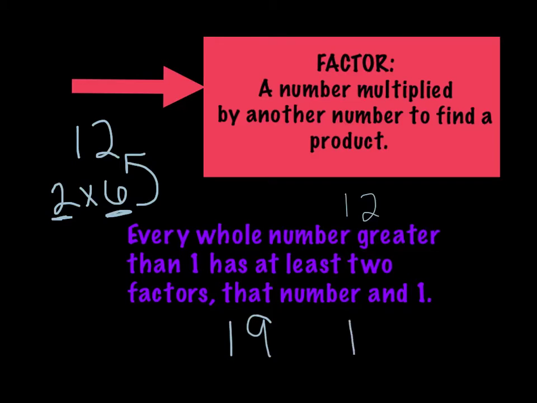It's going to be 1 times 19, and that equals 19. So even though there are no other numbers that you can multiply together to get 19, it still has these 2 factors, 1 and 19. So every whole number that is greater than 1 is going to have at least 2 factors. It's going to be 1 and then that same number.